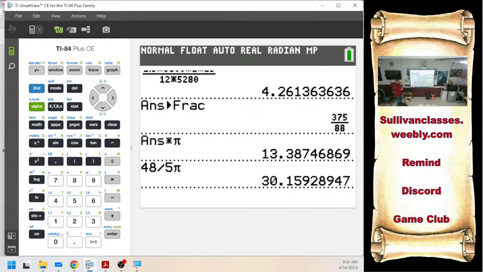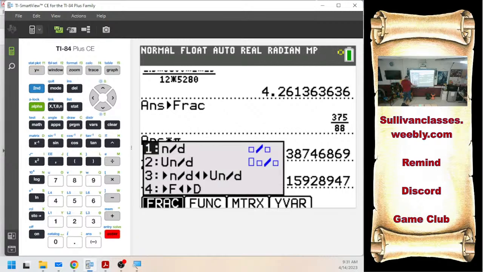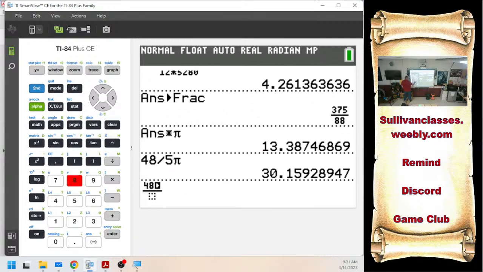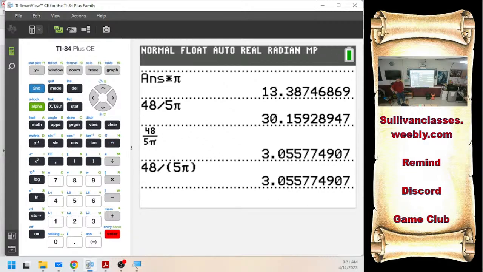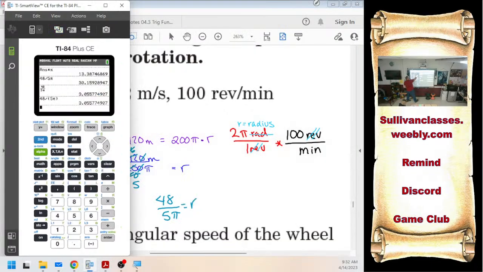Order of operations. Either I write it as a fraction, which has an inherent set of parentheses with it, or I have to do 48 divided by the quantity 5 pi. So just be careful when you do that. Oh, so if they put it in a fraction, it just automatically... Because the fraction bar creates an implied set of parentheses on the numerator or denominator. Yep.